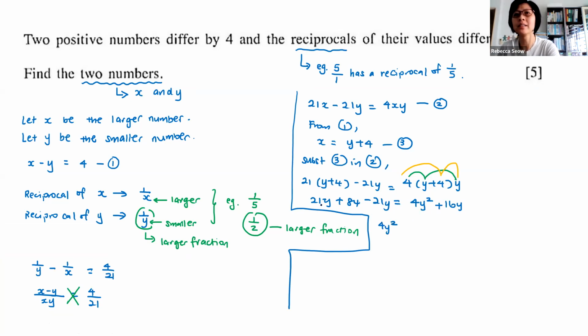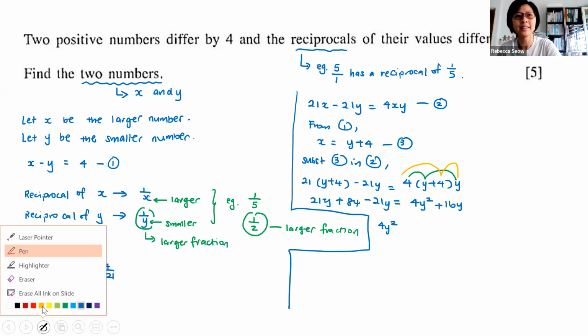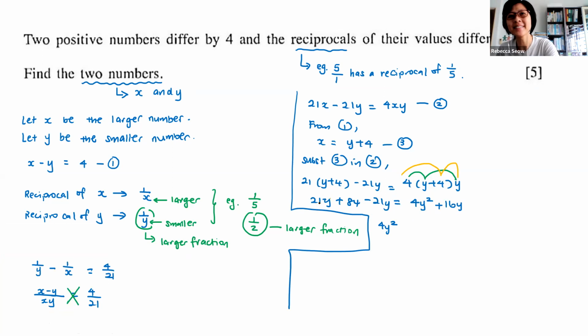You realize that the 21y and negative 21y cancel each other out. We don't need to bring our y terms to the right-hand side. Plus 16y remains. 84, I'm going to bring over to the right-hand side, so minus 84 equals 0.